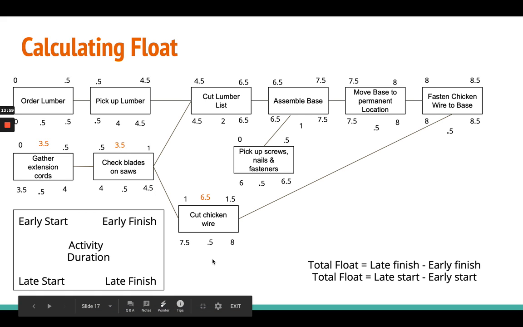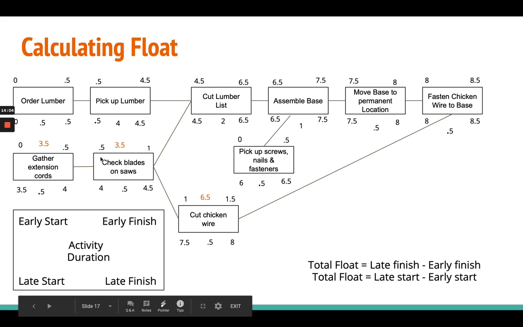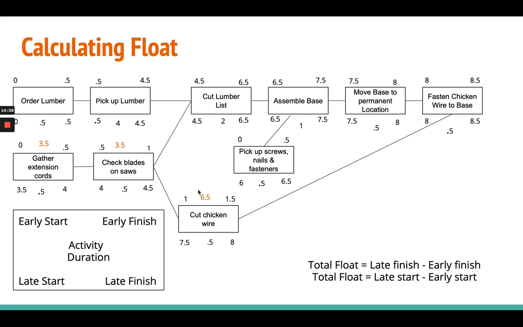If you do late start minus your early start, you'll notice that it's the same number. So I've put your float above these here. So you have some play in this project within these activities, and this one too, because you know that you don't have to start it until day 6 at the latest.